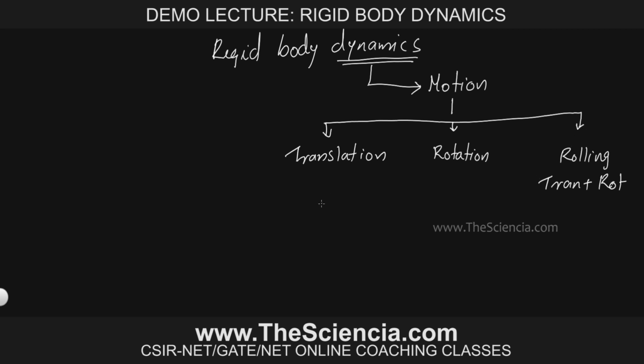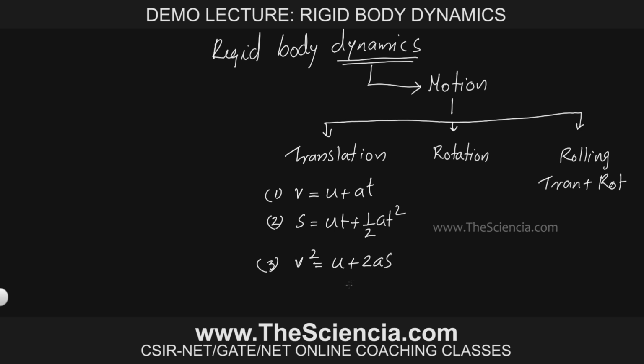Now you are already familiar with the equations of motion in the case of a body in translational motion. What are those? First one is v equal to u plus at, second one is s equal to ut plus half at square, and third one is v square equal to u square plus 2as.